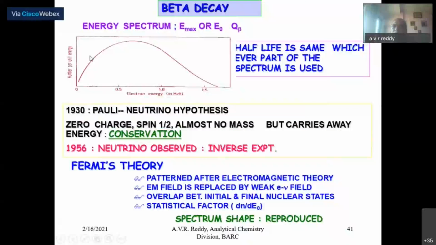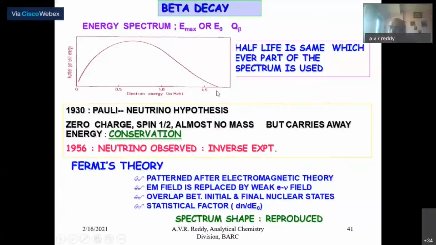The energy was varying from 0 to the Q beta value, that is the E max value. You write it as Q beta max, E max, or E0, one and the same. So there is a continuous variation, and this end value corresponds to the Q beta value. That is the energy associated with the beta transition.